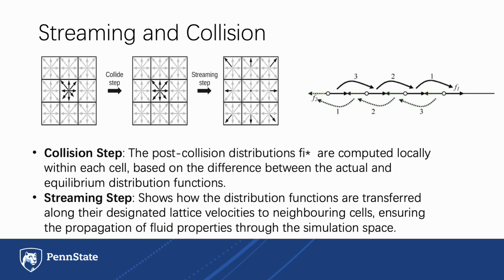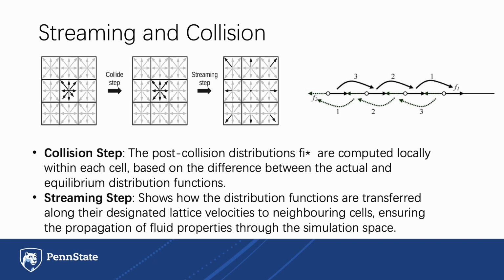Expanding to the streaming and collision process of the lattice Boltzmann method. As I told you before, the collision process is the calculation of how the distributions are affected by the internal behavior of the cloud of molecules and by the way the molecules inside the cloud collide against each other.